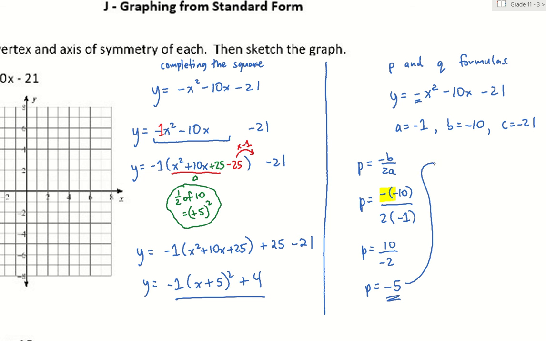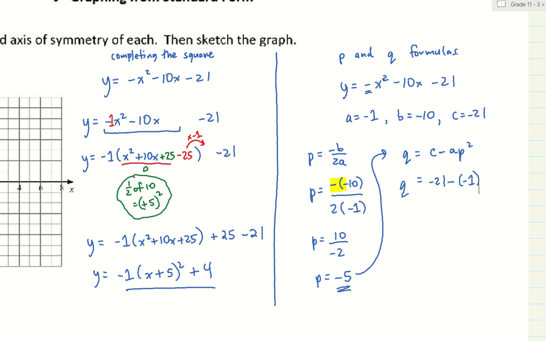So now I'm going to take that and use the Q formula, C minus AP squared, and see what we get. So C is negative 21 minus A is negative 1, and P is negative 5, and we're going to square that. All right, first thing we need to do is square the negative 5. So Q is negative 21 minus negative 1 times 25.